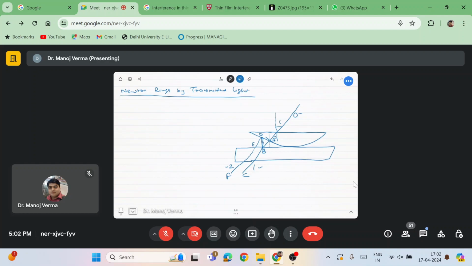Now again, the path difference between BC and EF will depend on the thickness of this BD. The thickness of BD will define the path difference between BC and EF, and whatever the thickness of BD at that point, it will be 2 mu T cos r.